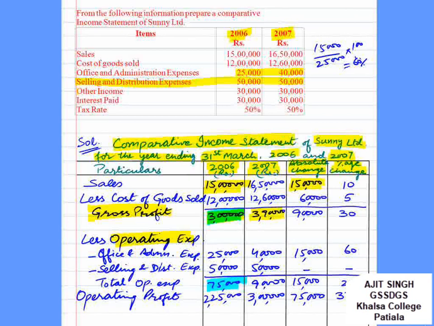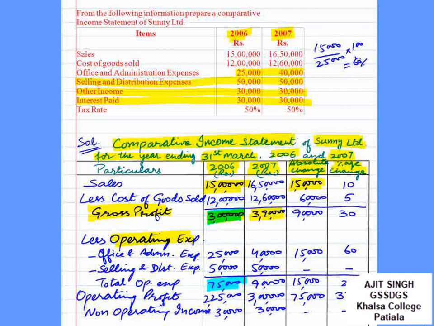Next, we are given other income and interest paid. Thus, there is non-operating income. It is 30,000 in both years.